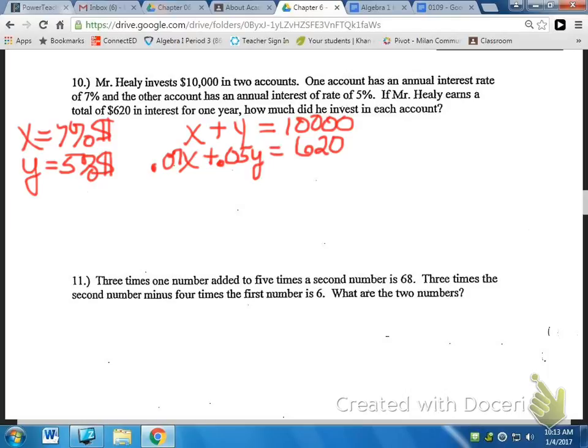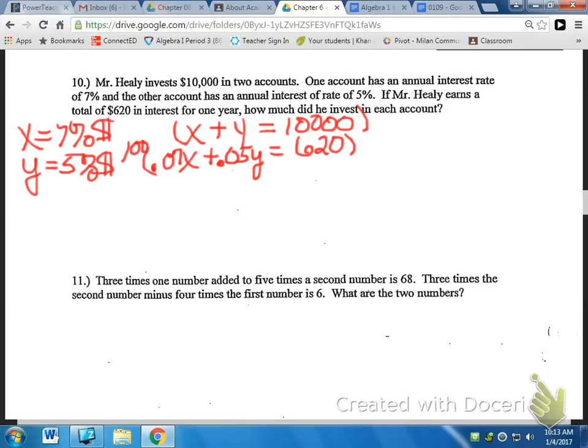So I am going to take my top equation times what? No, sorry, bottom equation. I'm actually going to take this bottom equation times 100, and I'm going to take this top equation. If you can see ahead, when I take that bottom one times 100, it's going to be 7x plus 5y.